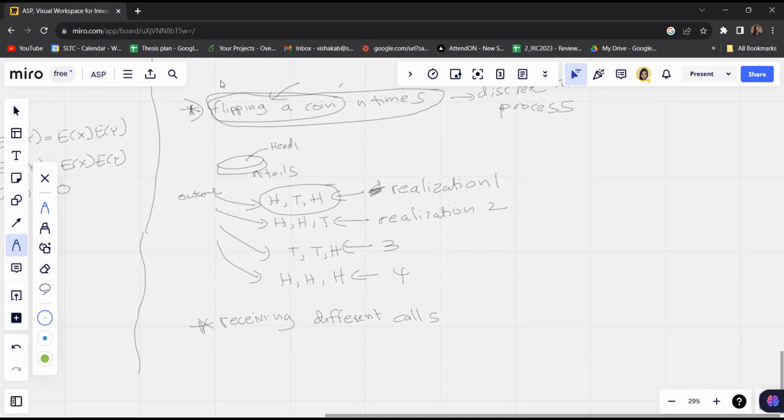Let's consider that a number of people are calling a certain receiver. In that case, that experiment will consist of different transmitters, transmitters 1, 2, 3, 4, which will transmit different signals.